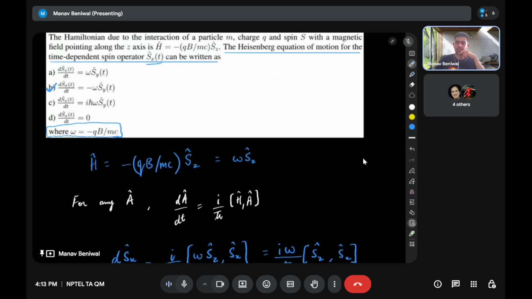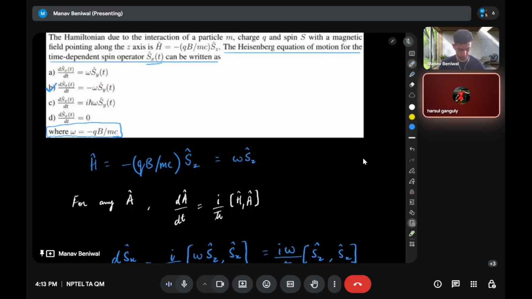Otherwise, you are correct, omega is generally qB by mc. Anyway, if you didn't consider this minus sign, the equation and option B will remain the same, because that minus will appear anyhow.